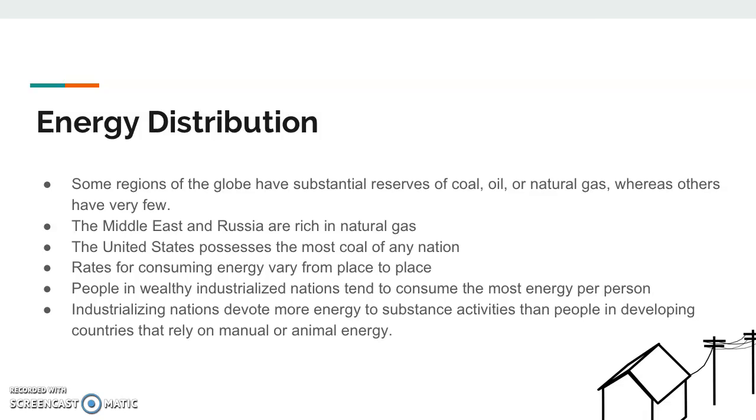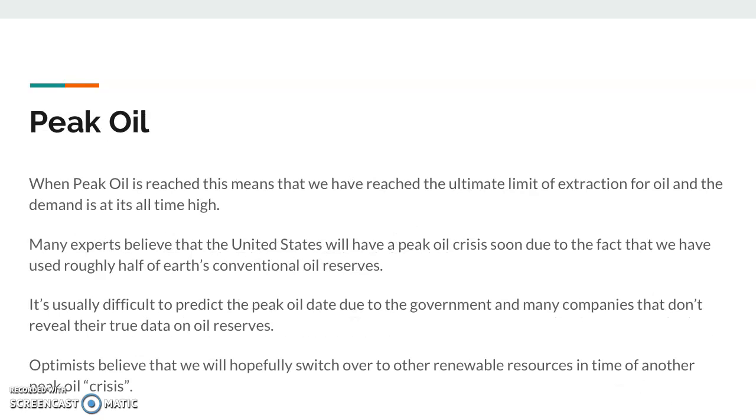The United States possesses the most coal of any nation, and rates of consuming energy vary from place to place. People in wealthy, industrialized nations tend to consume the most energy per person. Industrializing nations devote more energy to subsistence activities than people in developing countries that rely on manual or animal energy. That's just the distribution throughout the globe.